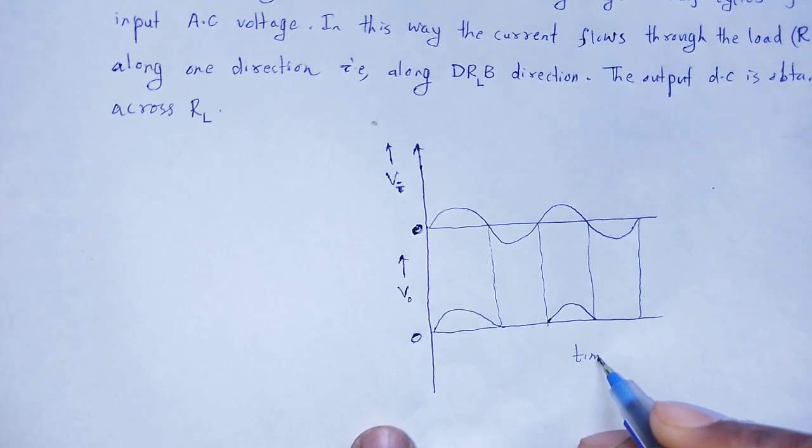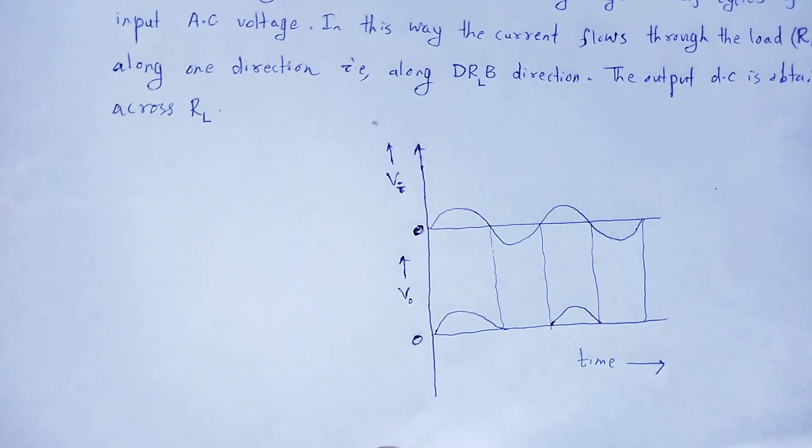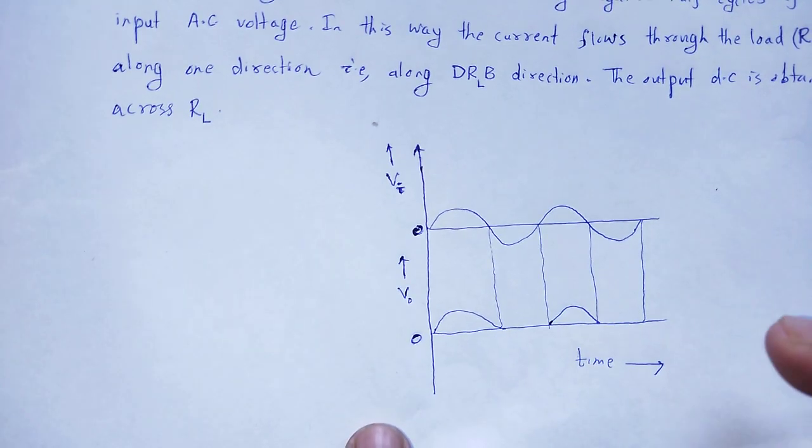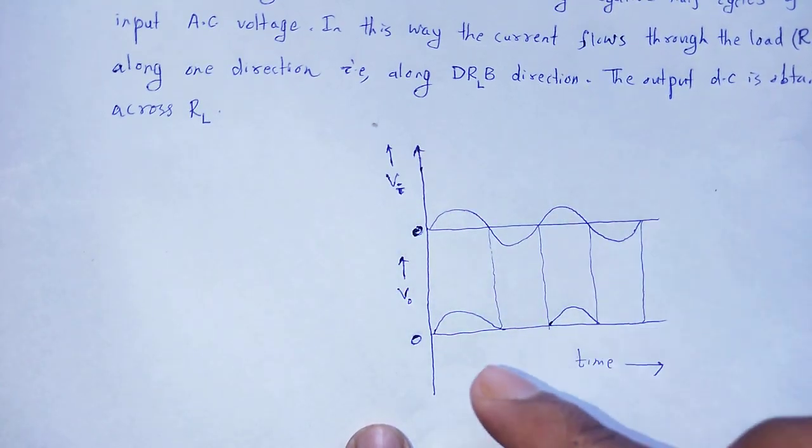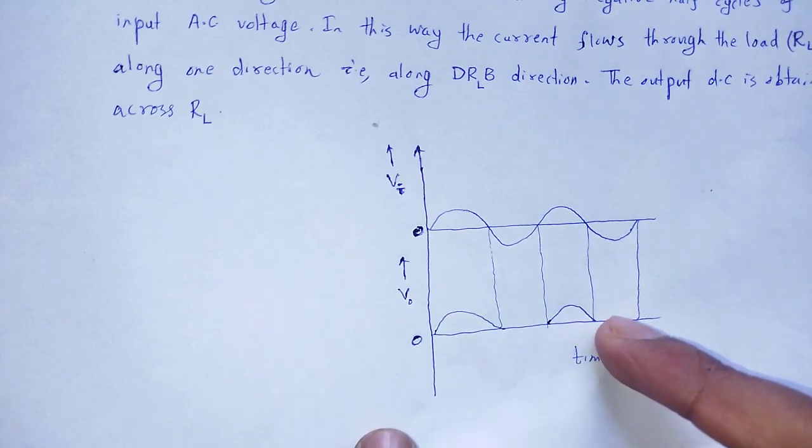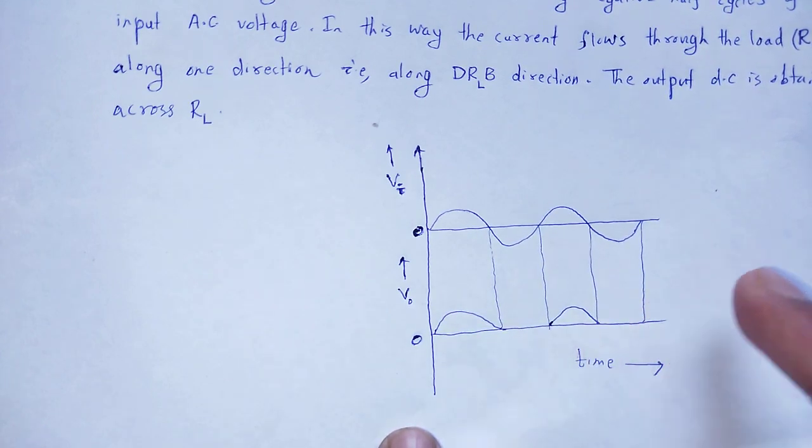Here is the time axis. Input AC, and we obtain the output DC, that is rectified.